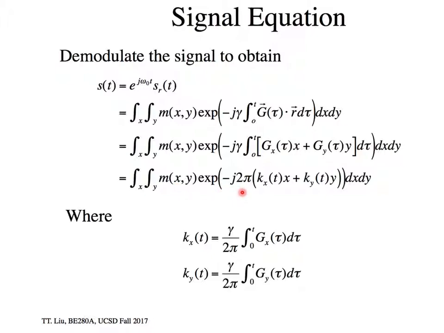So, to compute what the contribution is from any given point, say X and Y in the sample, just as we saw before, I compute what is G. G sub X times X gives me the oscillatory frequency from the X gradient application, and in the same way, G sub Y times Y gives me the frequency in Y. And so if I look at each point in the sample and just add up all of those signals, then I get this equation here.